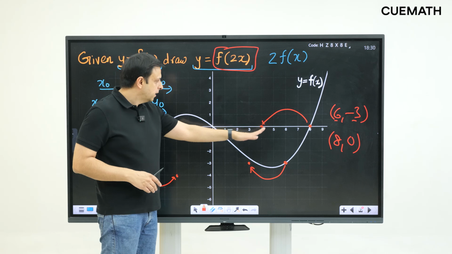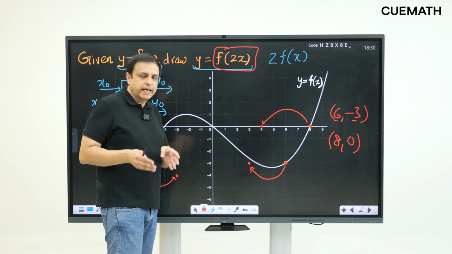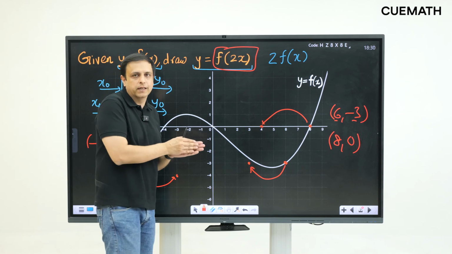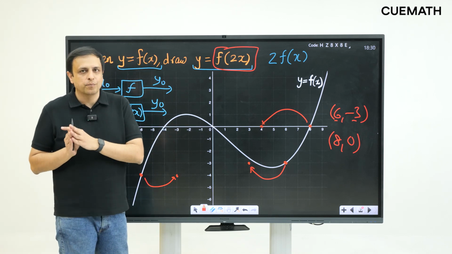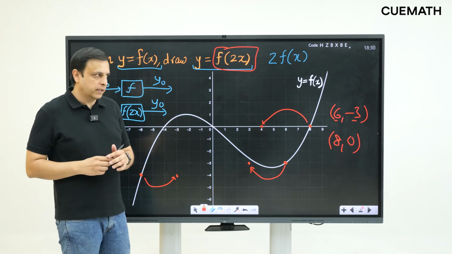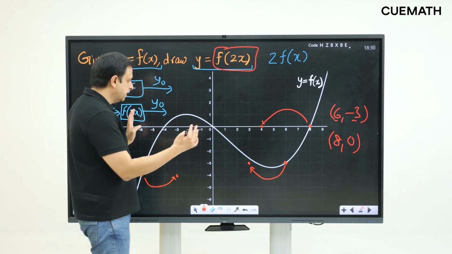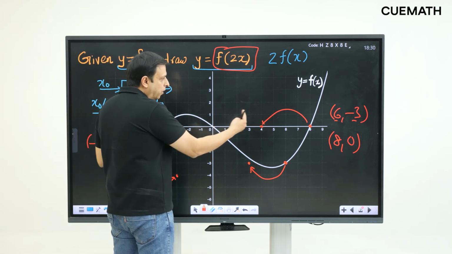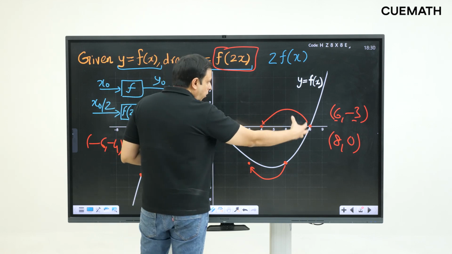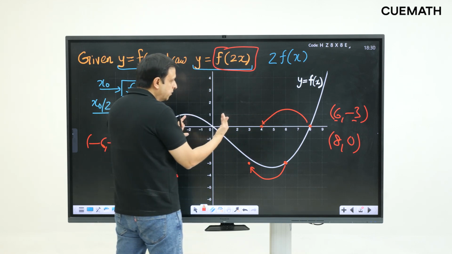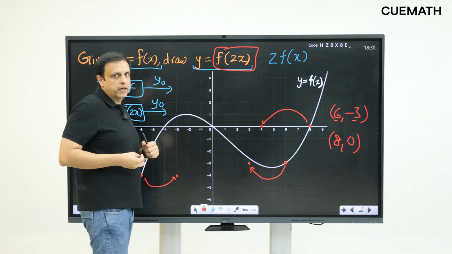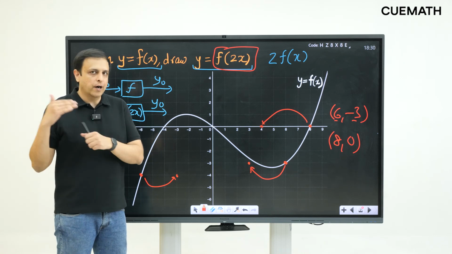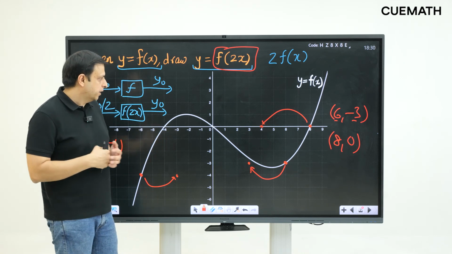So every point on the original graph, the transformed point will have half the x coordinate of the original point, and that's what's really going on here. And what that means is that there will be a horizontal shrinking of the original function because all points are coming closer to the y-axis, because the transformed points have x coordinates that are half the corresponding value of the original point.